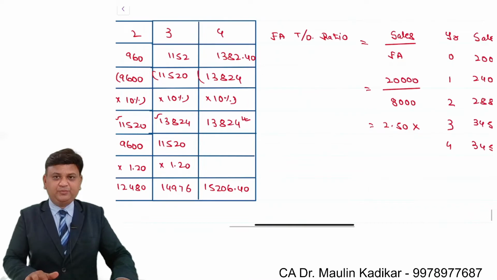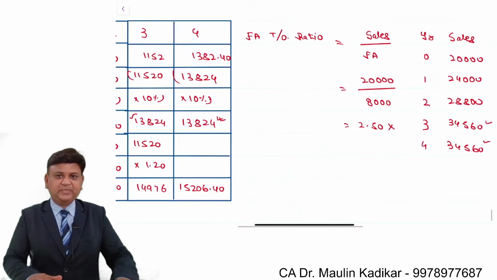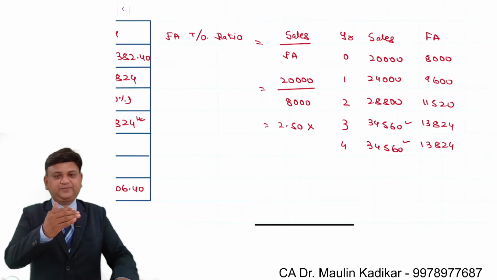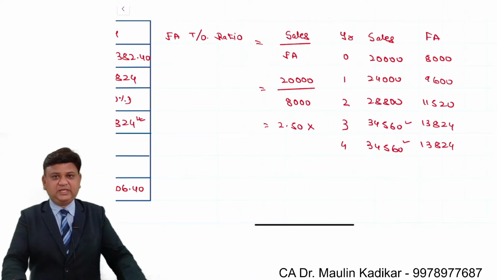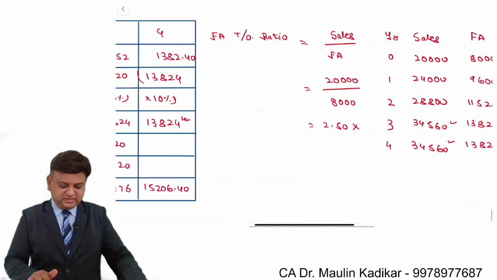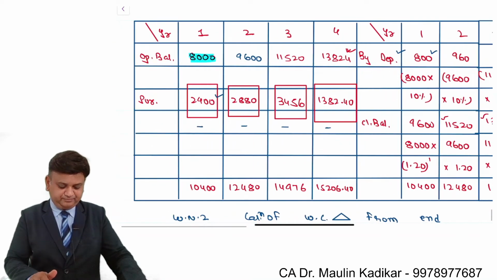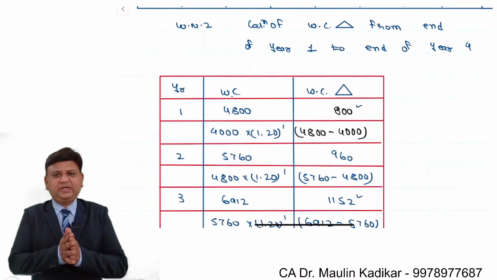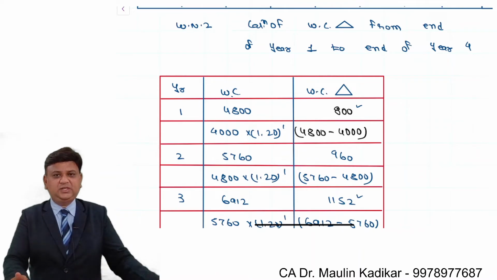So if we compute the fixed asset turnover ratio, it is 2.5 times. So if the sales increases and that 2.5 remains the same, then the fixed asset will be calculated on yearly basis. Then the second working note is very simple, calculation of the working capital change from end of year 1 to end of year 4.